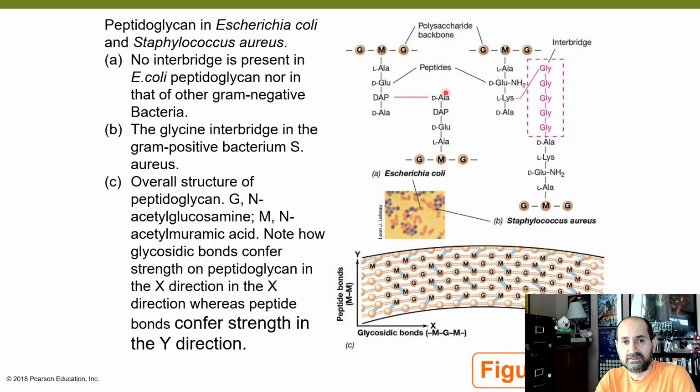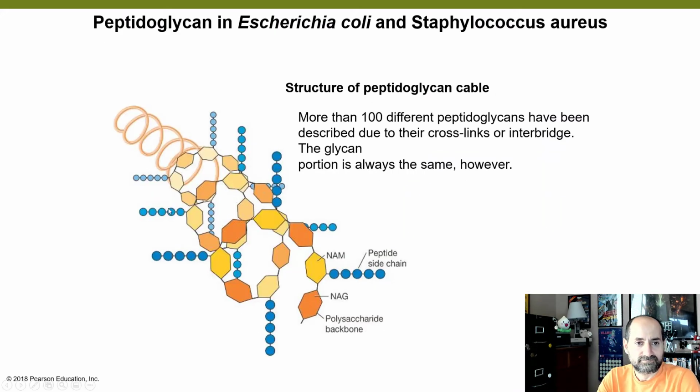Remember, gram negatives don't have an interbridge. They link the adjacent peptide strands directly, and gram positives do have a glycine interbridge, because they don't bind directly. And this is, again, what one strand of peptidoglycan looks like. It looks like a helical structure with a short polypeptide chain hanging off.